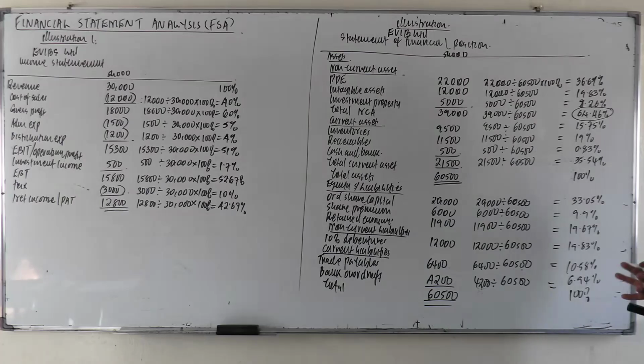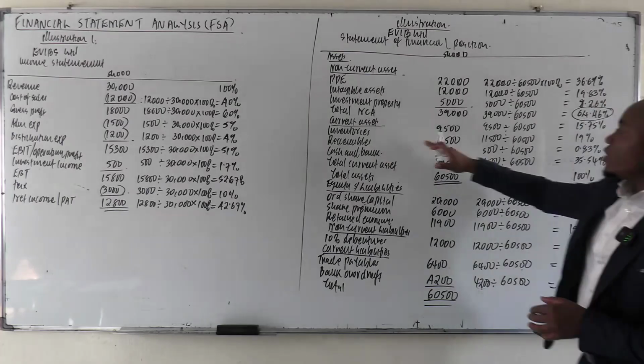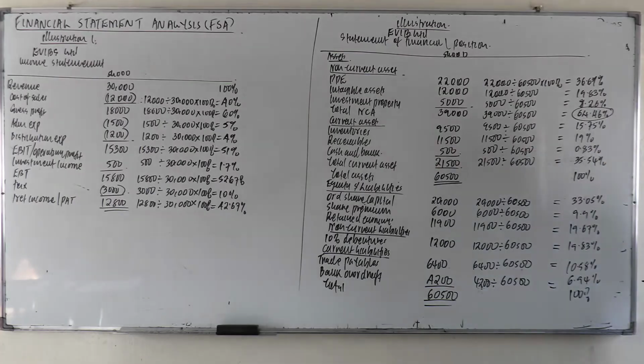Stock or inventory represents 15.75% of our total investment. Receivables represent 19%, which is too high. For short-term assets, the receivable should not be above 10%, but this one is 19%. That means we have more money outstanding that we have already earned but have not received.